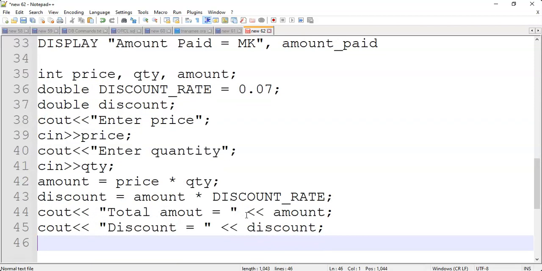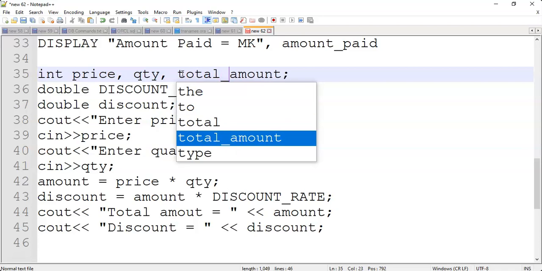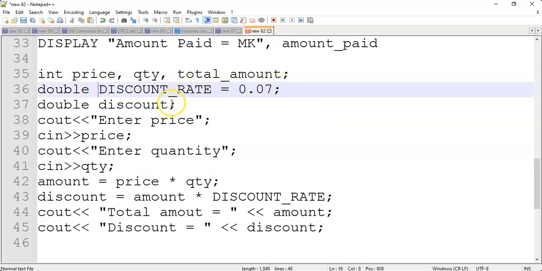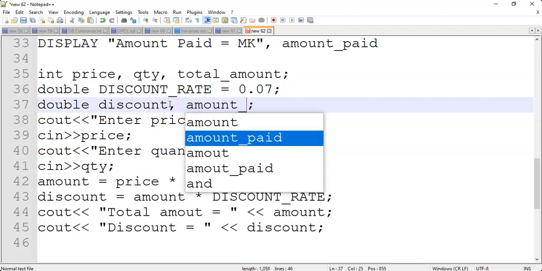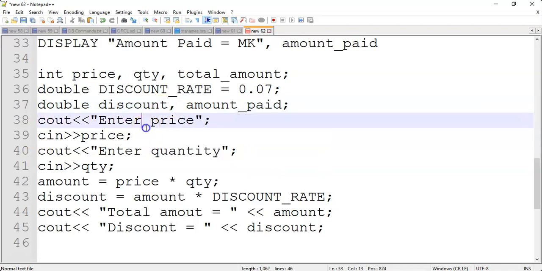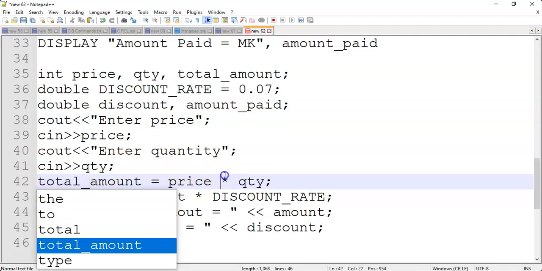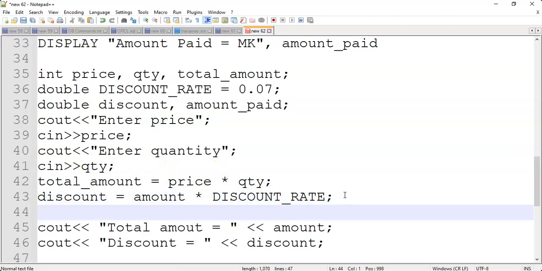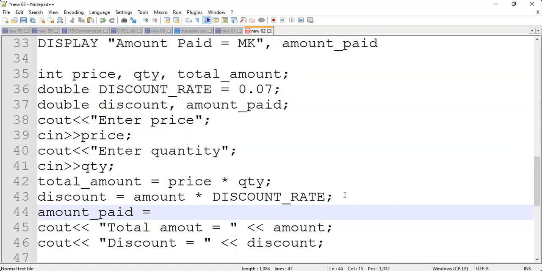Our C++ program should be, for that it's okay, but this one is going to be total amount of data type integer, and this one is also going to have amount paid of data type real, which is double. Enter amount, whatever, and here we just say total amount, and we are going to have amount paid, which is total amount.